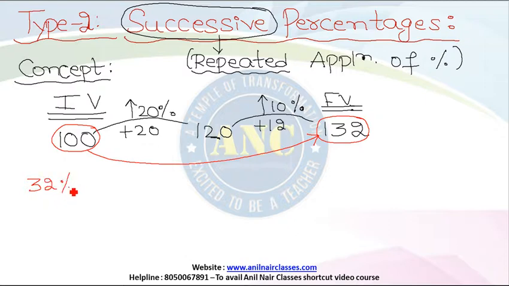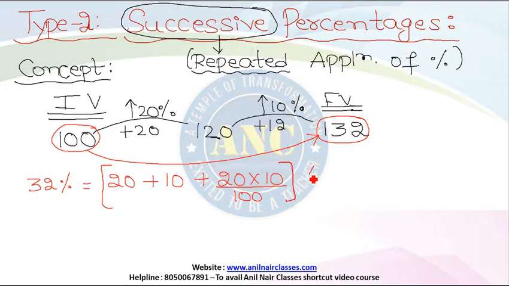Now can I write this 32 percentage as 20 plus 10 plus 20 into 10 divided by 100 percentage? Please check whether this right-hand side is correct. 20 plus 10 is 30. 20 into 10 is 200. 200 by 100 is 2.